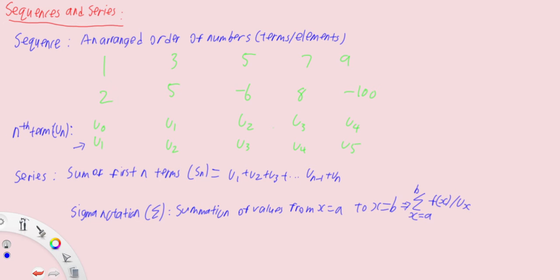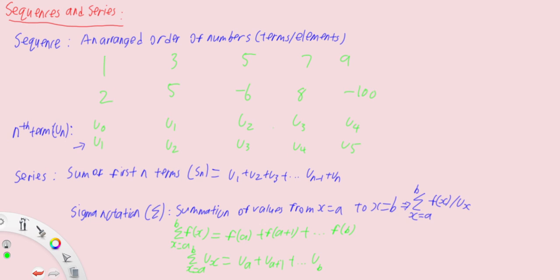So basically what it means is that, let's say I have the sigma notation of x equals a to b of f(x). It's the sum of f(a) plus f(a+1) plus all the way to f(b). Then if I have the summation of x equals a to b for u subscript x, it will be the ath term plus the (a+1)th term plus all the way to the bth term.